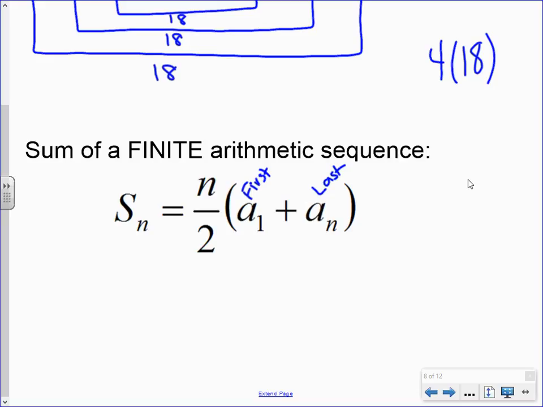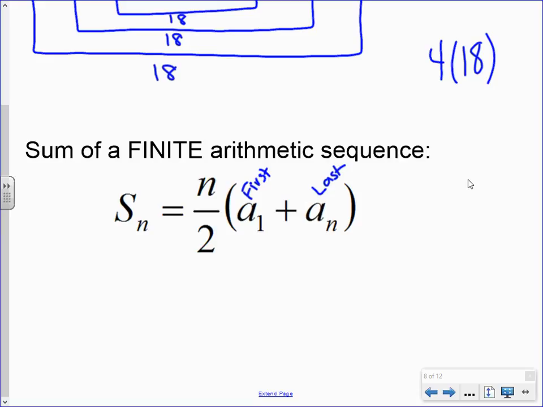Now, n, that is how many numbers are in our sequence. And so when we divide n by 2, that's telling you how many pairs there are. Okay? So n over 2 is giving you the number of pairs. A sub 1 plus A sub n is giving you what the first and last add up to be.